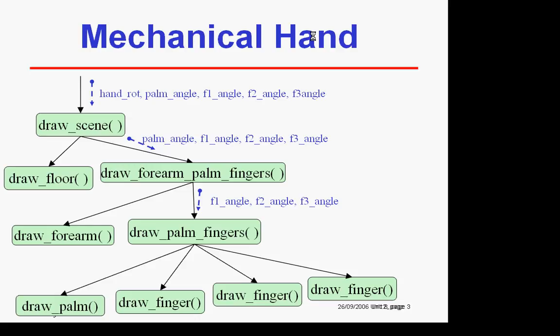Right. So your first task is to draw on the handout on this slide where you're going to attach the single finger system and where you're going to attach the extra palm finger system. Okay.